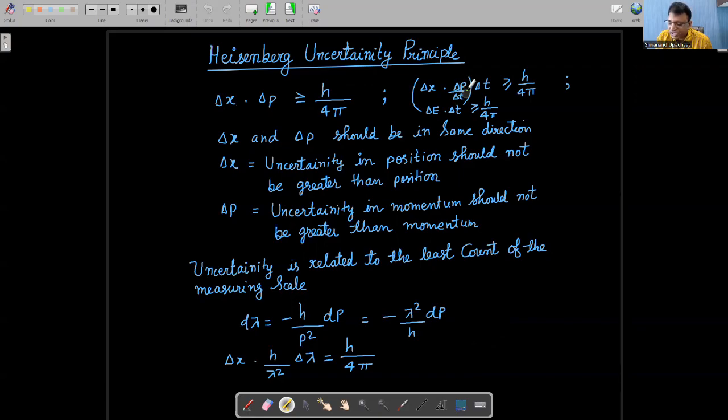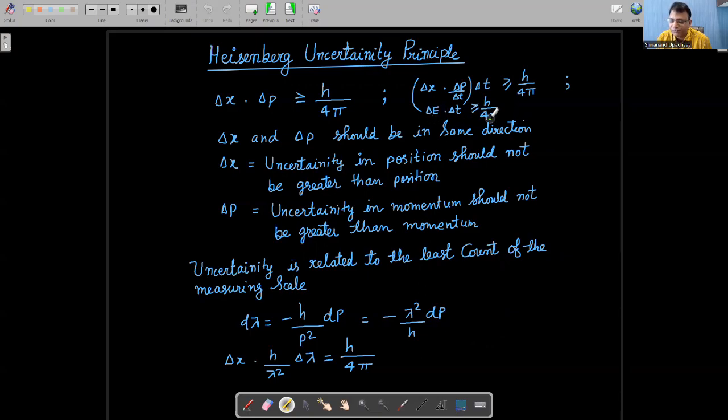So delta p upon delta t is related to force. Force into displacement is work, so it is energy. So delta x into delta p upon delta t is delta E. So delta E into delta t is greater than or equal to h upon 4 pi.